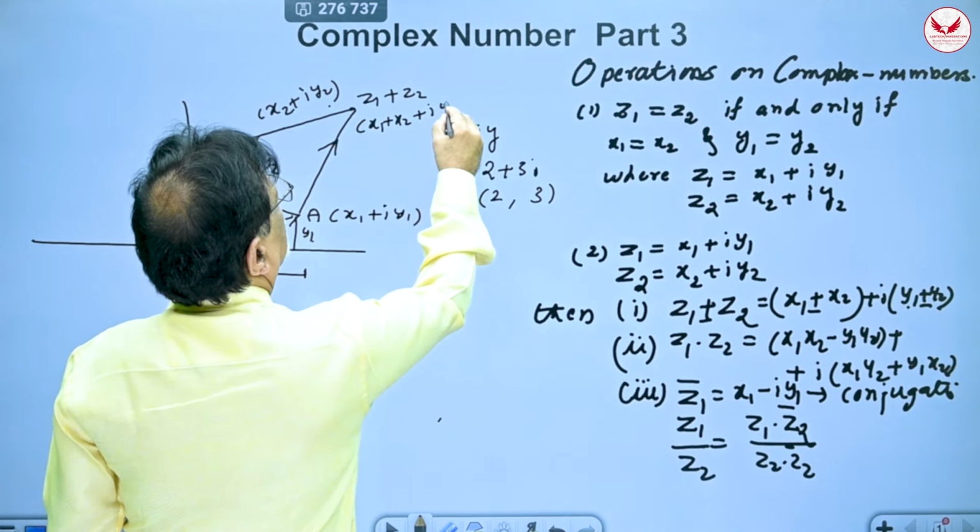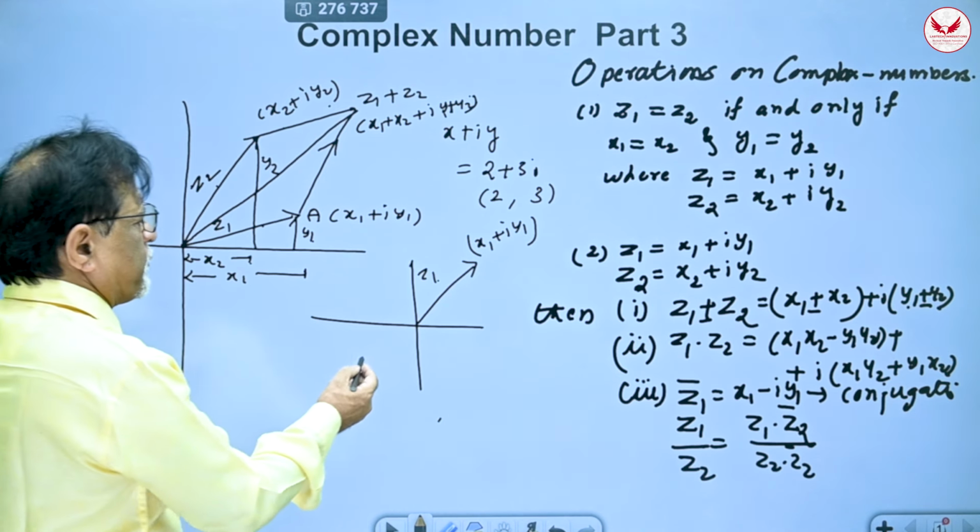Very interesting. Now similarly, suppose I have a vector called z1. So this is vector z1, and z1 is what? x1 plus iy1, correct? So what will be minus z1? Minus z1, according to vector algebra, is the same vector with opposite direction.